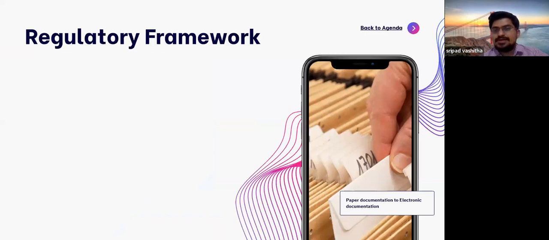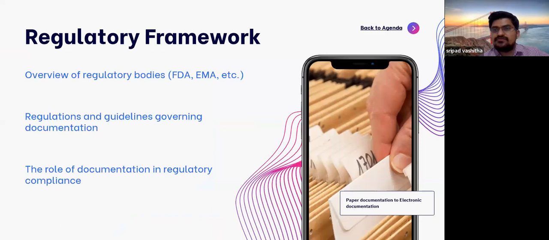So why regulatory, or why do we actually need a framework? In the morning session, we discussed ICH guidelines. When there are already guidelines in place, why is there a need for a regulatory body as such? And how do documentation and regulatory acts underline everything down to the ground?